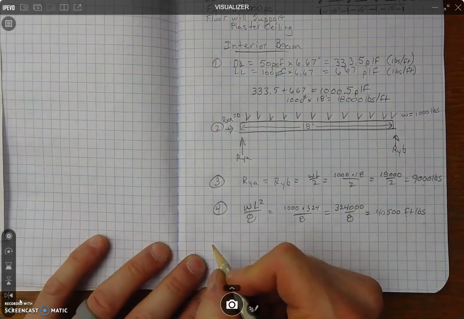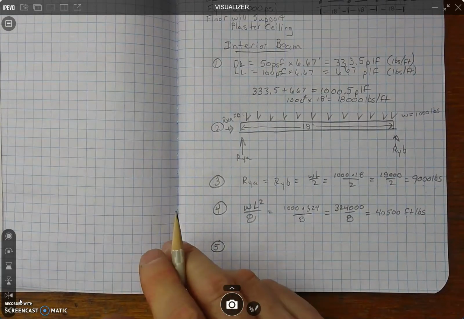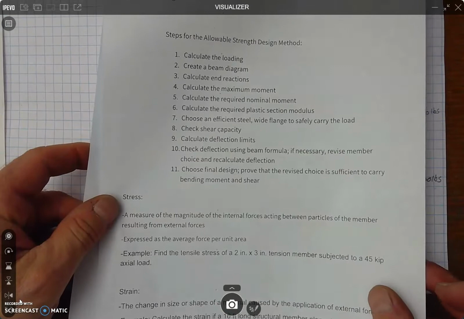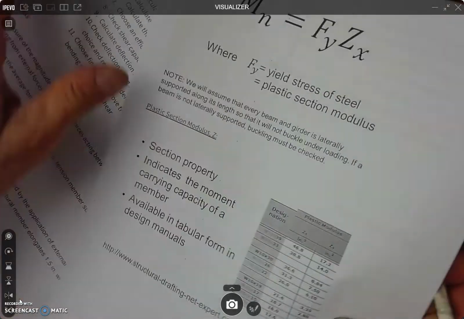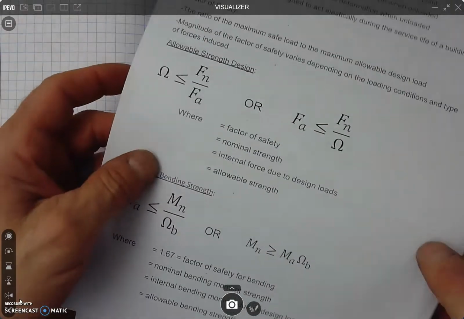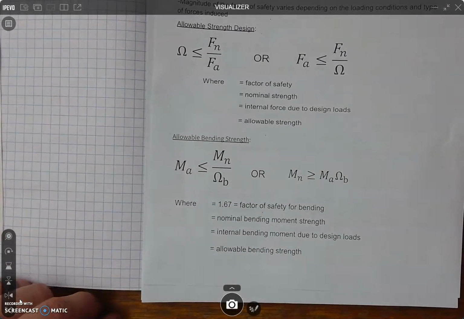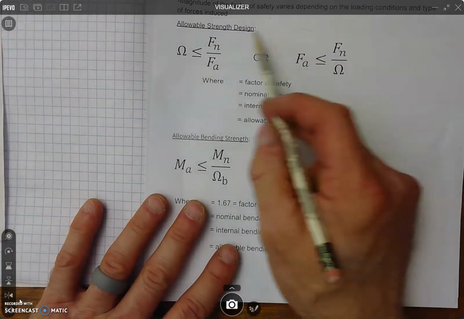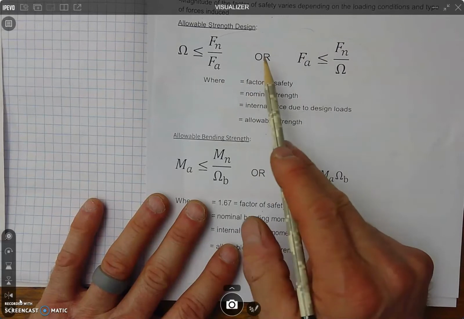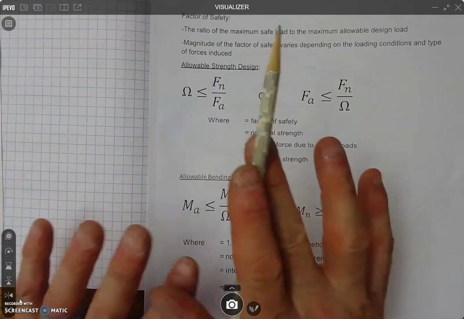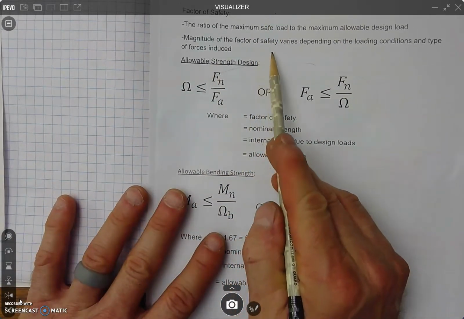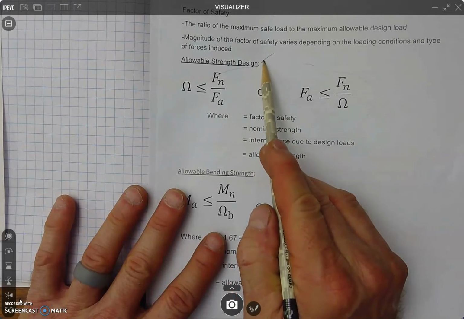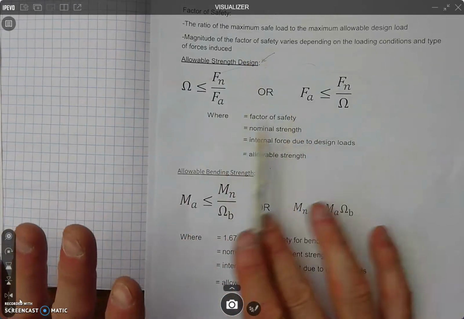So that's what we're going to figure out under number 5. If you turn in this packet, it is the first time that you're going to use some formulas I have in here. Now these are just informational. We don't actually use these formulas. They're the overall allowable strength design that we're using. Just for now, don't worry about those.